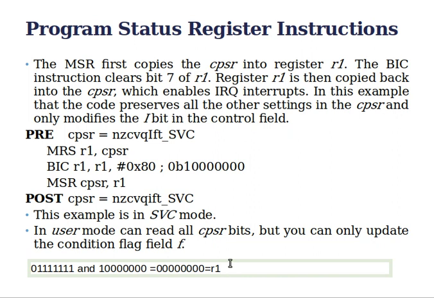In this case, this stands for I, this is F, and this is T, the 3 bits, and this is S, V and C, the 5 bits, then the 6th, 7th and 8th. So you can see that after execution, our bit which was 1 here has been reset to 0.